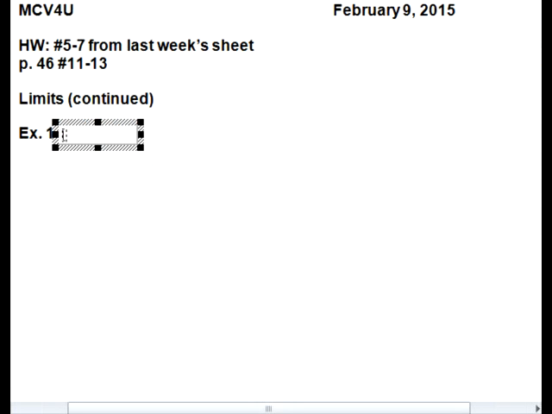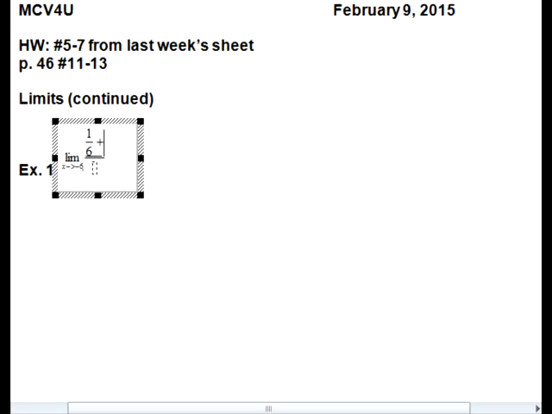Okay, example 1. There's my limit statement. Let's try this. The limit as x approaches -6 of (1/6 plus 1/x) all over (x plus 6).